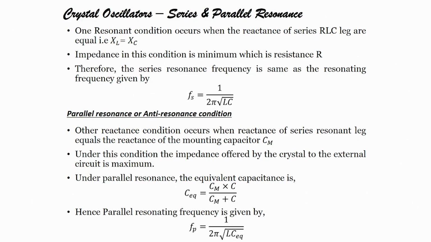Once the resonant condition occurs, the reactance of the series RLC leg is XL equals XC, correct. When this condition occurs, the resonance starts occurring. Impedance in this condition is minimum, which is the resistance R. Therefore, the series resonant frequency is the same as the resonant frequency given earlier.